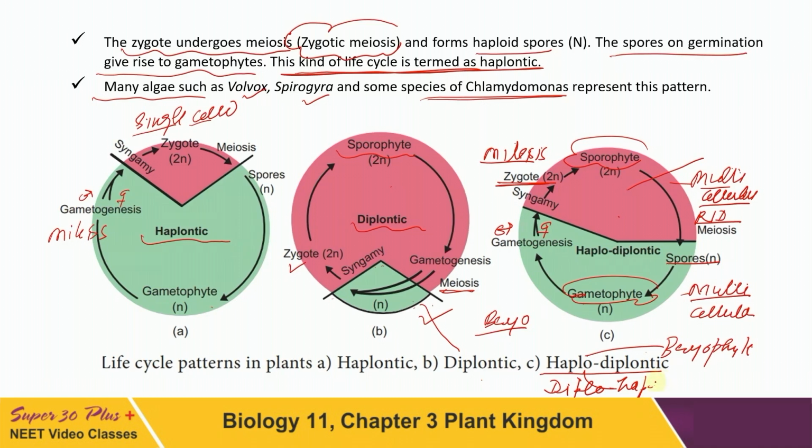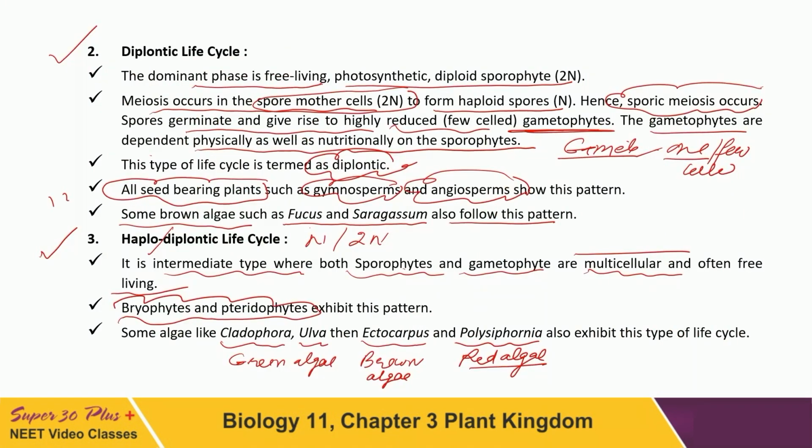So that's why we may call it diplohaplontic, the diploid stage dominating. This diplohaplontic life cycle is found in pteridophytes. But we may use a single term, haplodiplontic, that is diploid sporophyte and haploid gametophytic stage, both almost independent and multicellular.